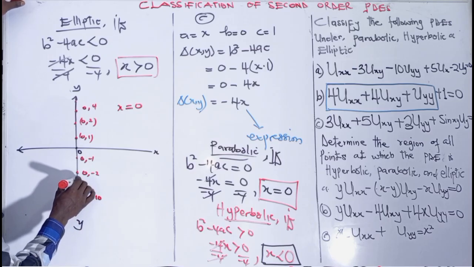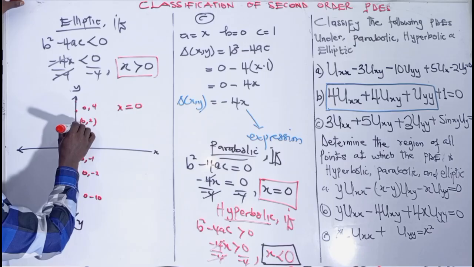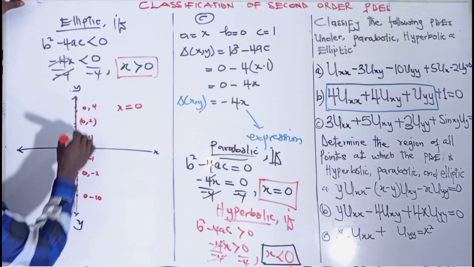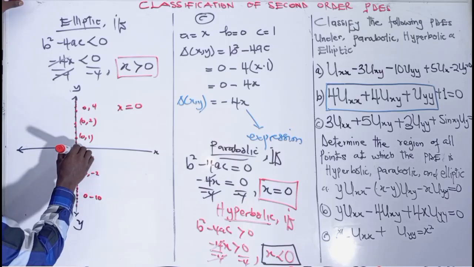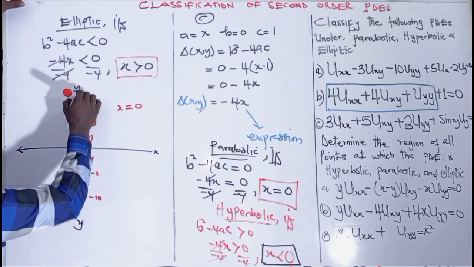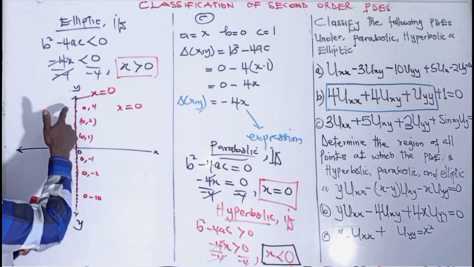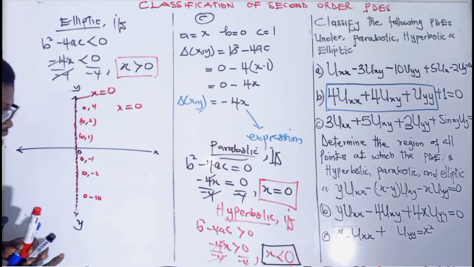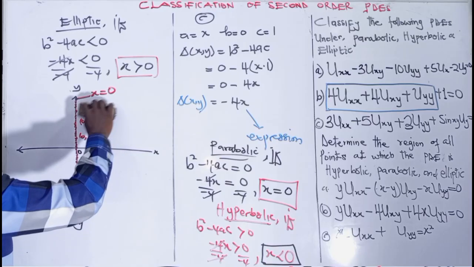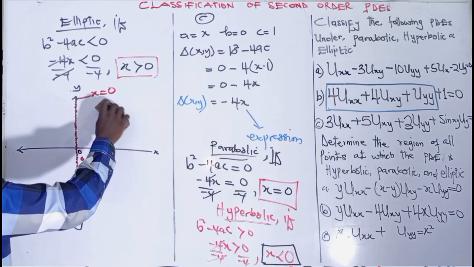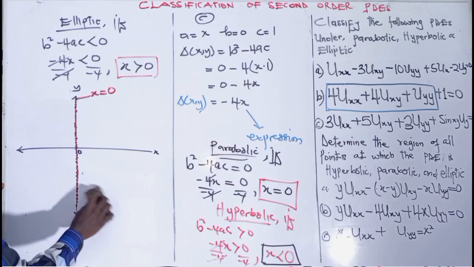So any point on this particular line, where x is equal to 0, makes the PDE parabolic. We are done with the first one.